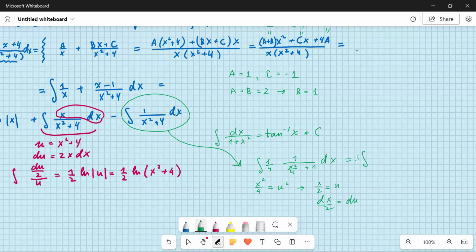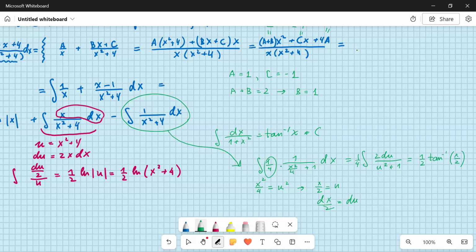If you plug everything in, don't forget about this 1 over 4, we are going to have, instead of dx, 2 du, in the denominator u squared plus 1, which is going to give you tangent inverse, right? So canceling 2 and 4, we are going to have 1 over 2 tangent inverse. And instead of u, I'm going to substitute x over 2. That's going to be it.